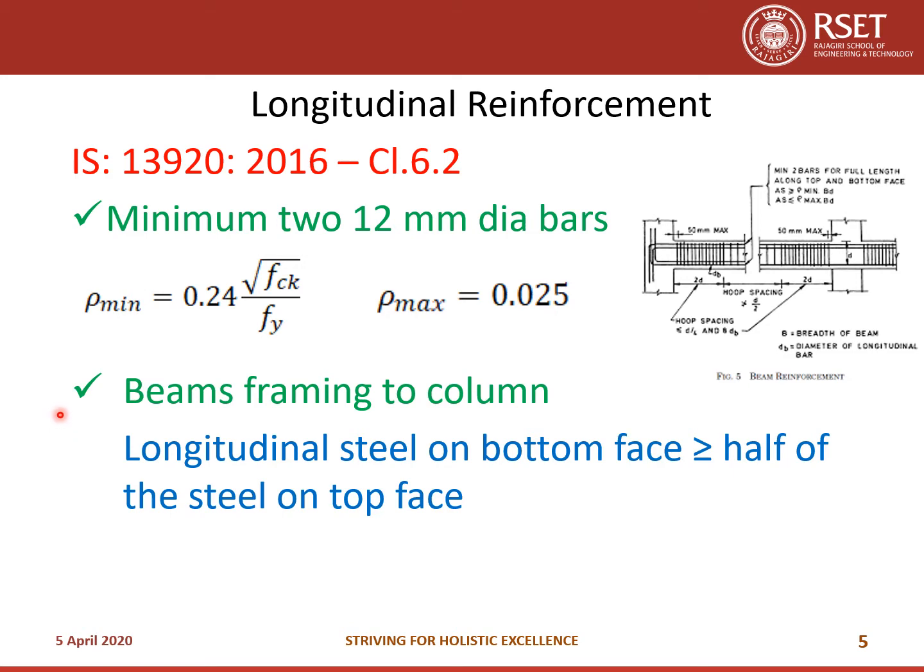At the face of the column, where the beam frames into the column, longitudinal steel on the bottom face shall be at least half of the steel on its top face at the same junction.